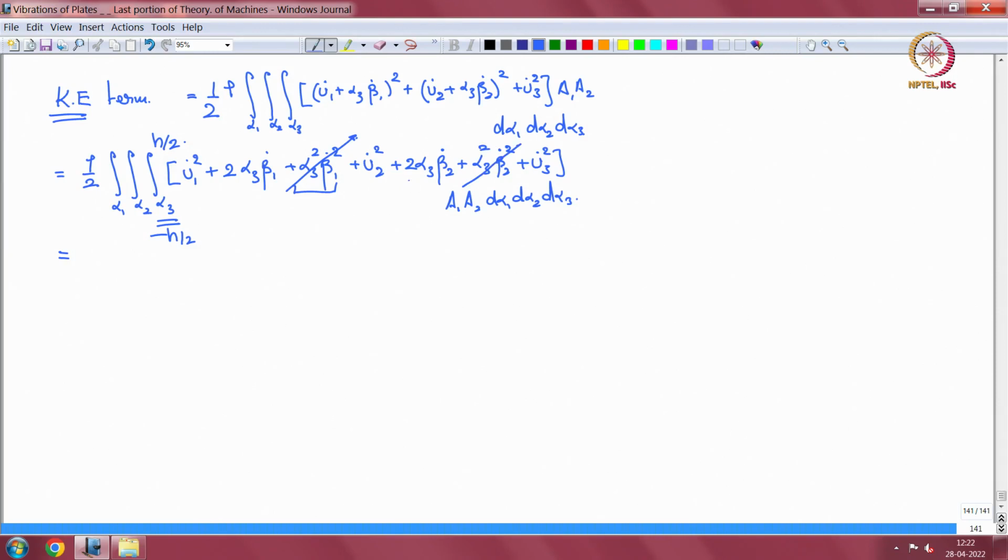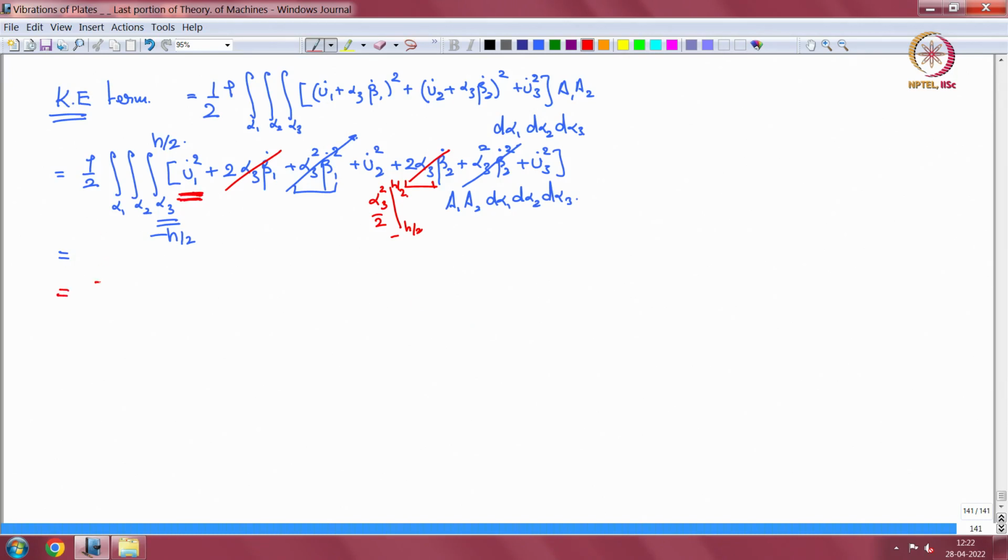And if alpha 3 is integrated from minus h by 2 to h by 2, you get alpha 3 square by 2 between minus h by 2 and h by 2, and that goes to 0 because of the square. So this also goes. We are left with the term which has no coefficient alpha 3, so the integral gives an h.